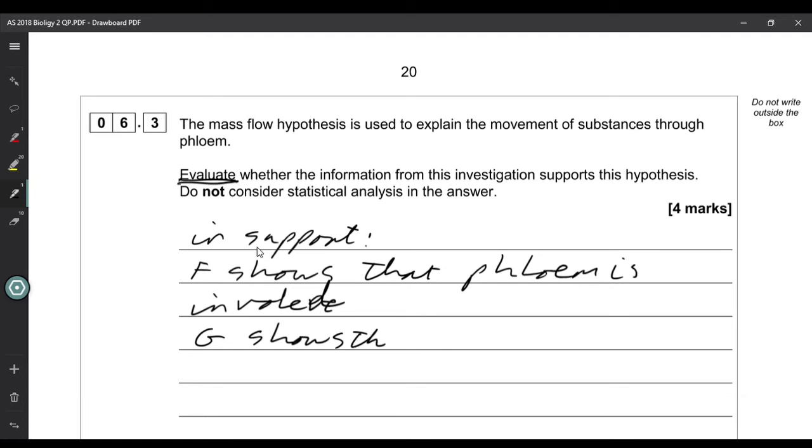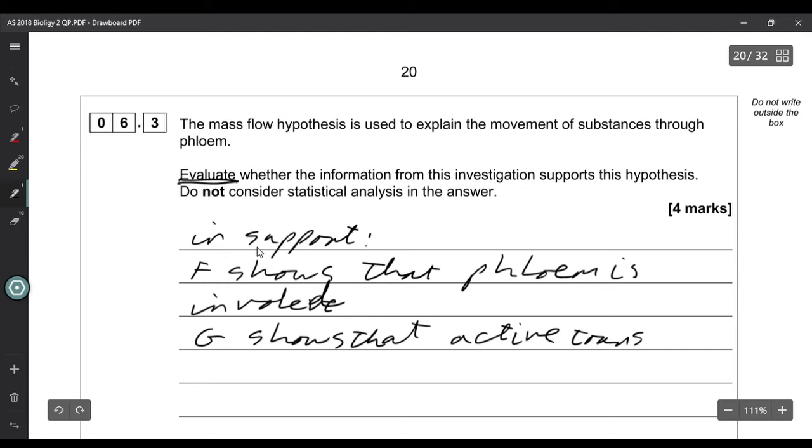that active transport is involved as cooling reduces movement.